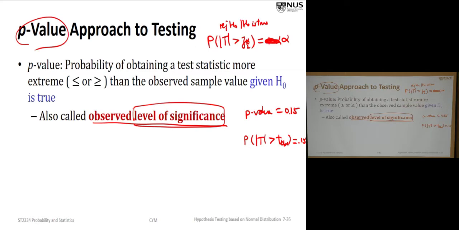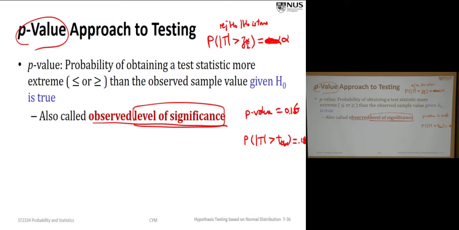So now I set my level of significance, instead of 5%, the same as the one that I have here. 0.15, maybe 0.16. So it looks not so clean. Okay, 0.16.